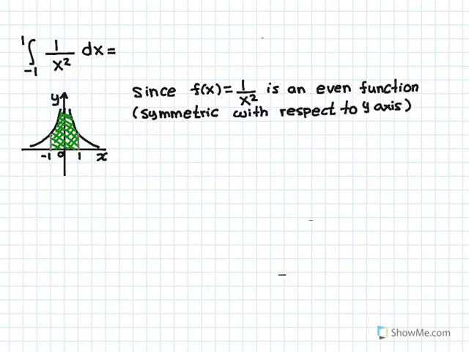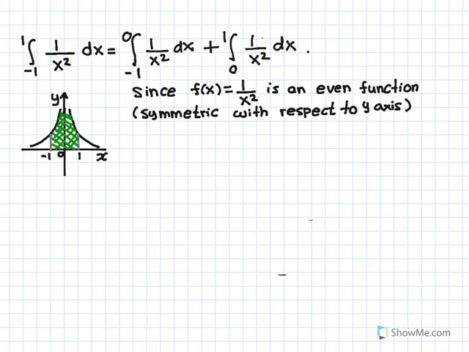All right, so the integral from negative 1 to 1, 1 over x squared dx, we write this as the integral from negative 1 to 0, 1 over x squared dx, plus the integral from 0 to 1, 1 over x squared dx. But because it's an even function, we can write this as 2 times the integral from 0 to 1, 1 over x squared dx.